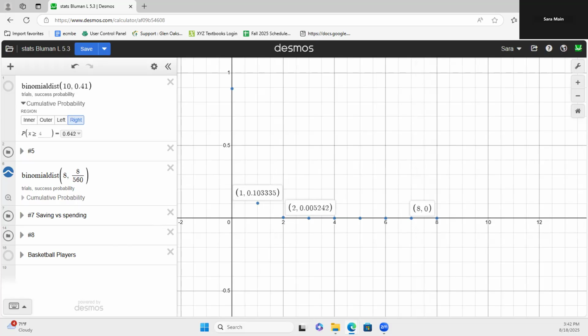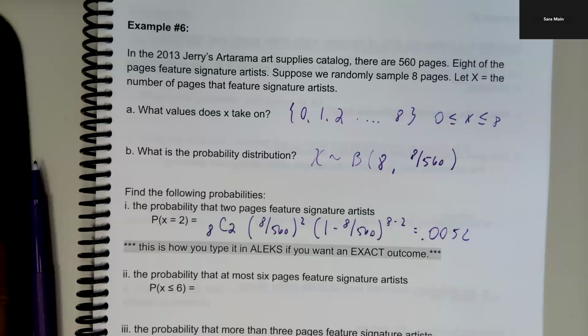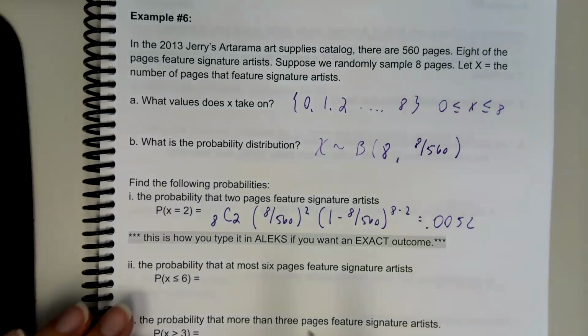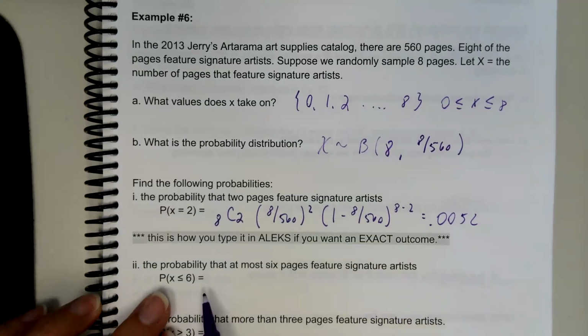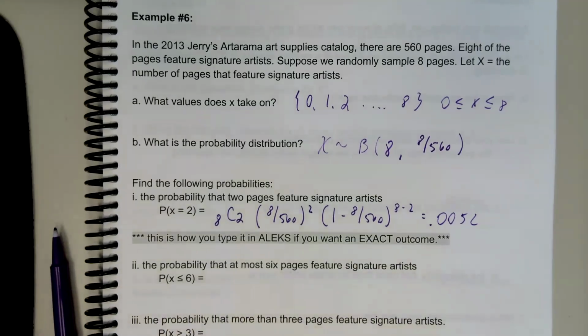And then part 2 says the probability that at most 6 pages feature signature artists would be less than or equal to 6. And so in Desmos on that, I'm going to show you the screen here.